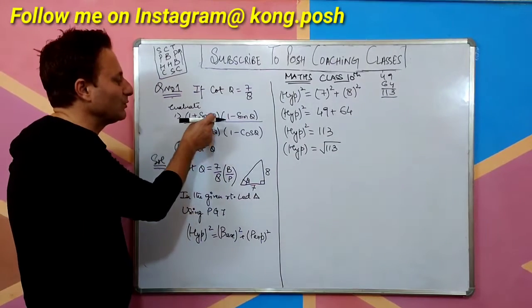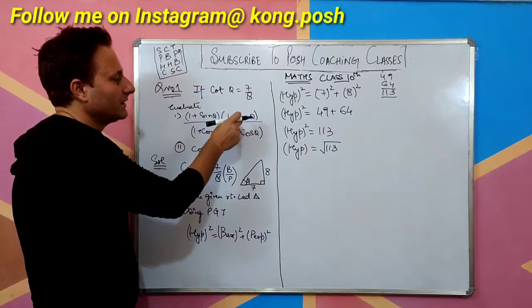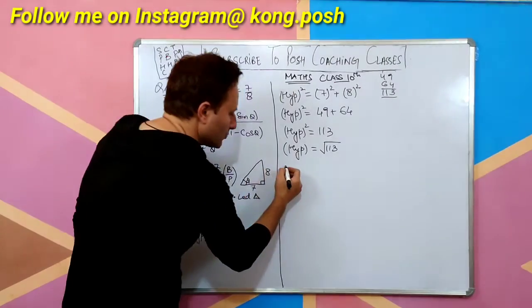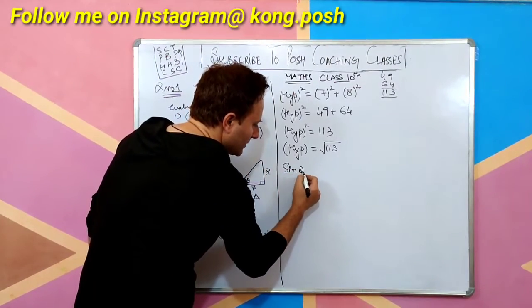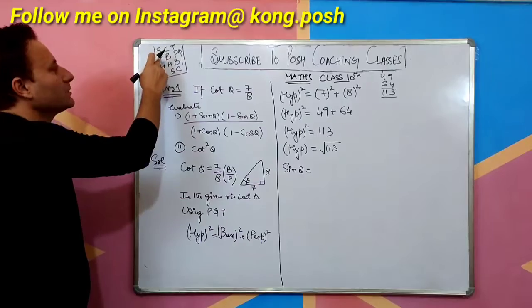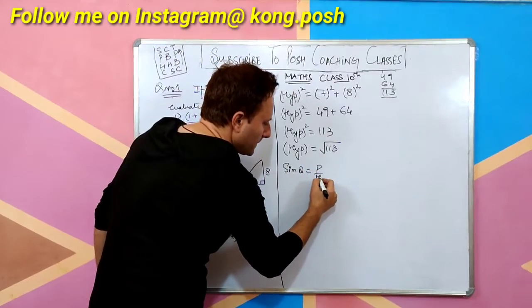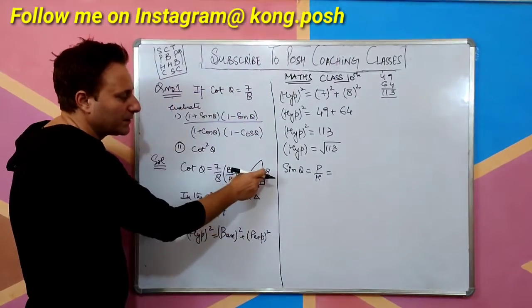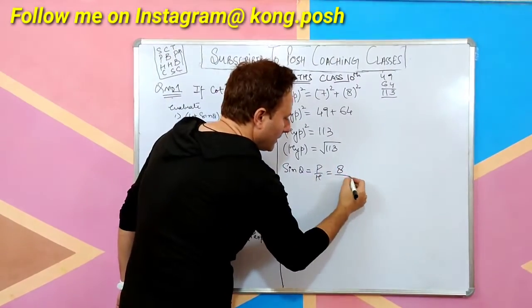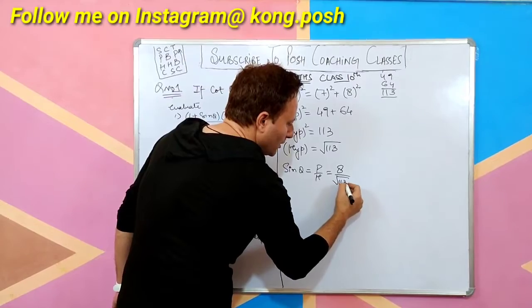Now I need to know what is sine theta, and what is cos theta as well. Sine theta is perpendicular upon hypotenuse. Perpendicular is 8 and hypotenuse is under root 113.